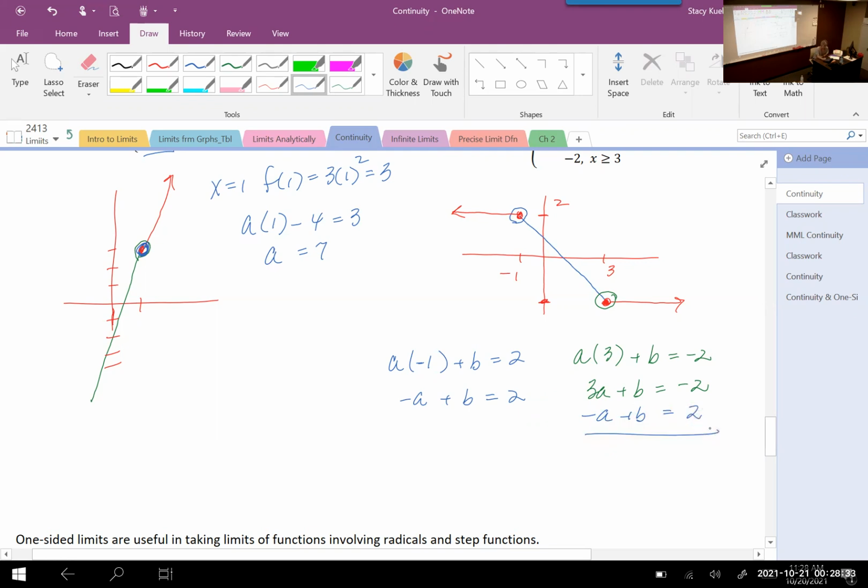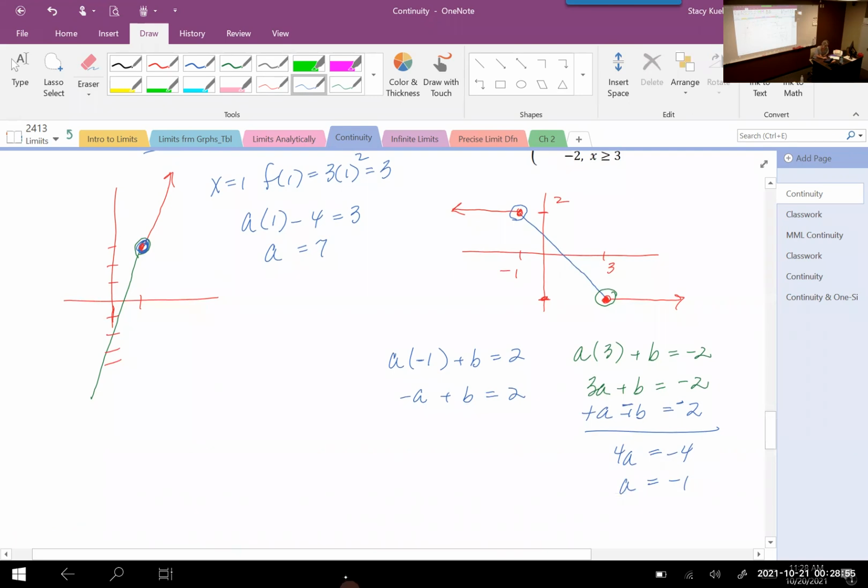If I multiply the second equation by -1, then I would change every sign in there. And that way, when I add them together, I eliminate b, and I end up with 4a is equal to -4, or a is equal to -1.